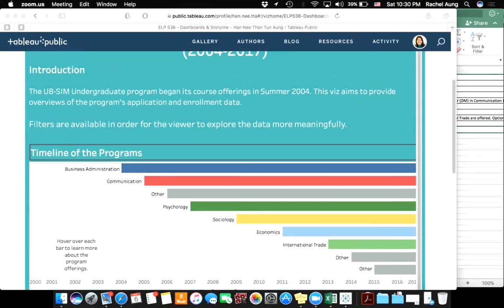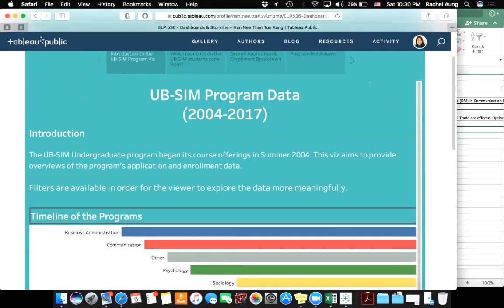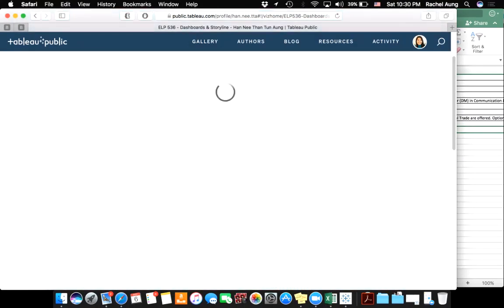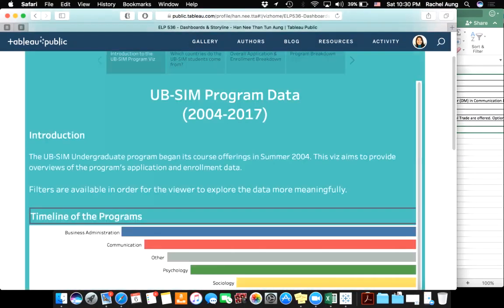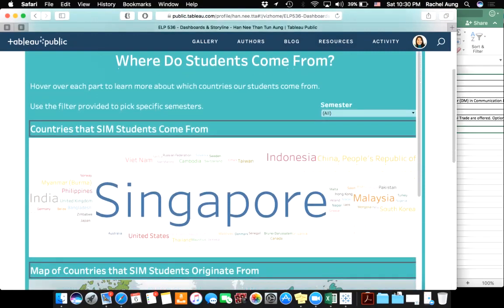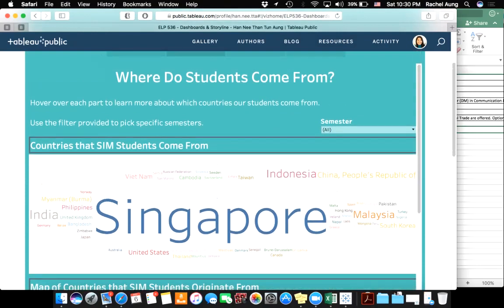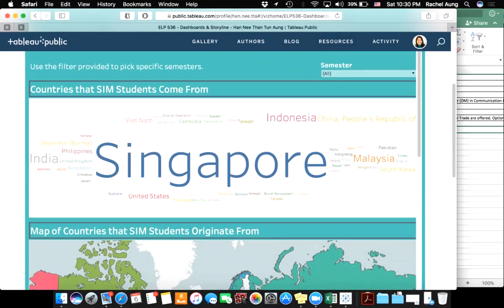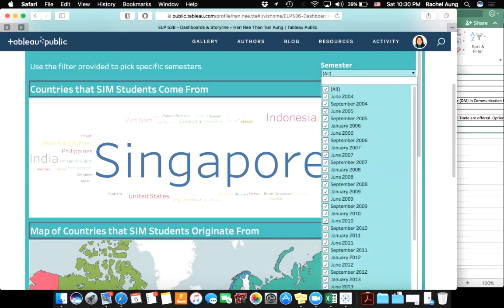And then the second dashboard talks about all the different countries that our students come from. Because the program is based in Singapore, the majority of our students are Singaporeans, and you have this little function to filter by semester.